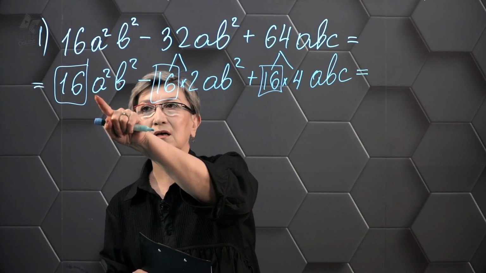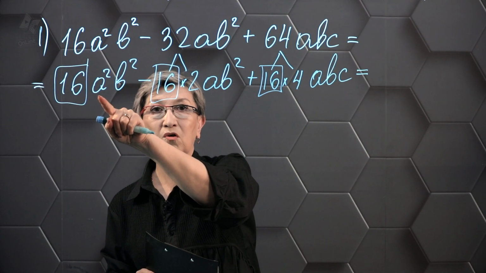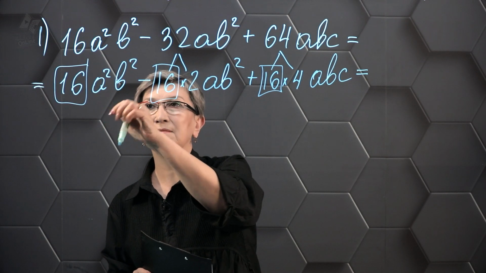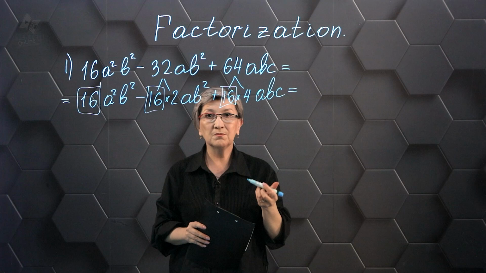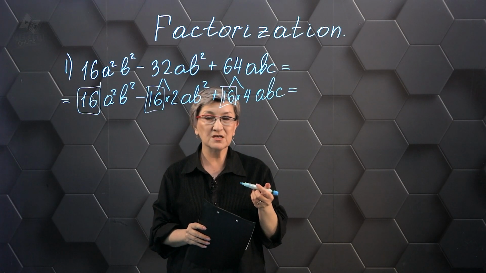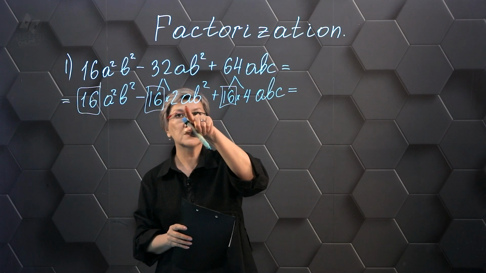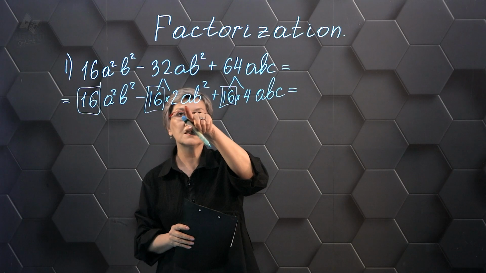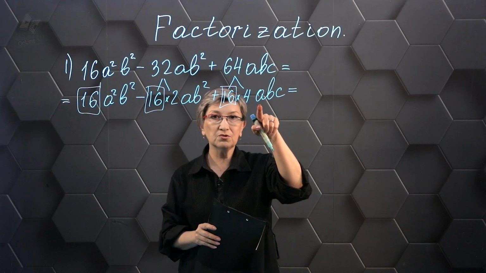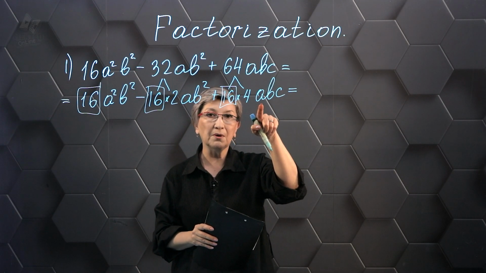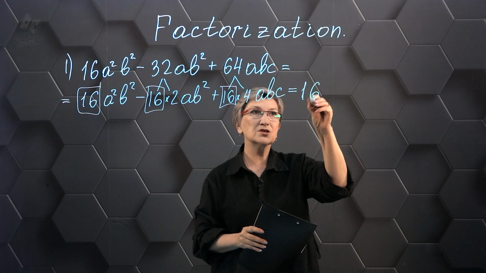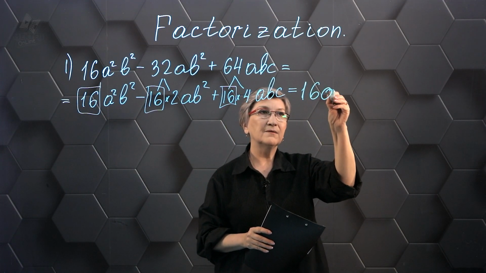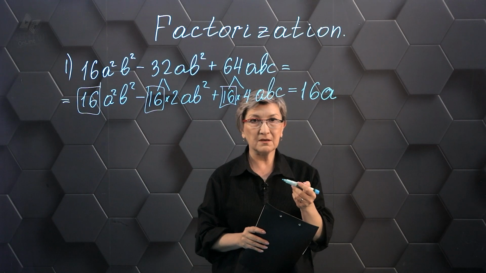These are the multipliers that are represented by a letter: the square of a and also a. What smaller degree? It's clear the second term's a is to the first power. In this situation, the degree is 1. Thus, out of the parentheses, I'll take out 16 and a to the first degree.